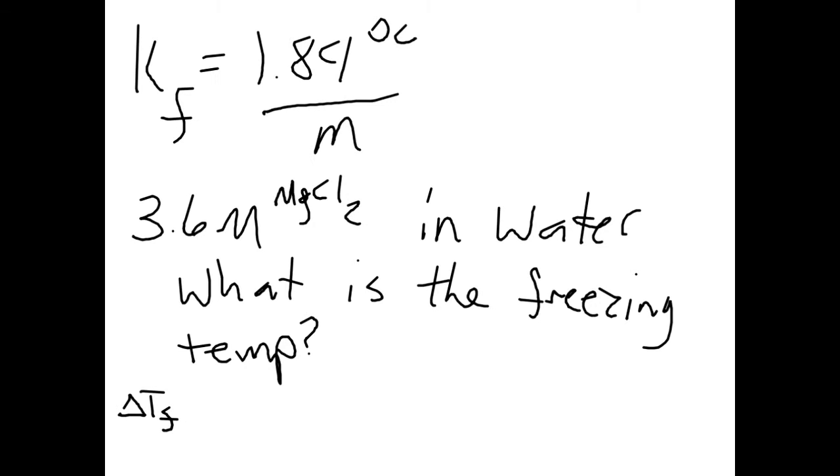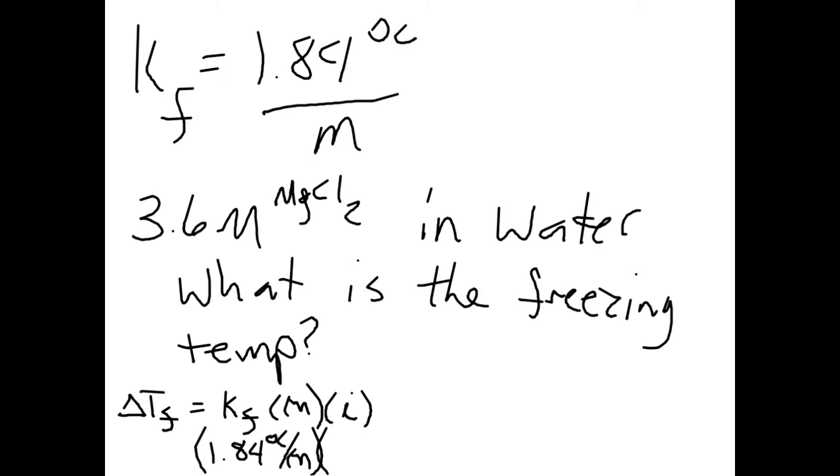Okay, so I'm going to use my equation. Delta TF, the change in the freezing temperature, is equal to the KF times the molality times I. Okay, my KF is what? 1.84 degrees Celsius per molal. What's my molality?